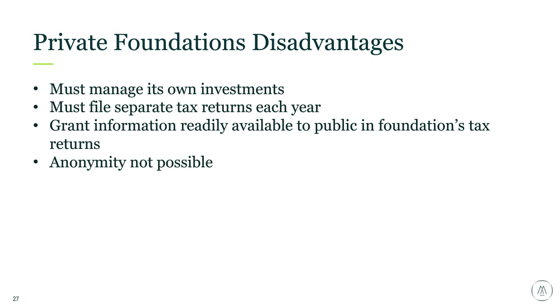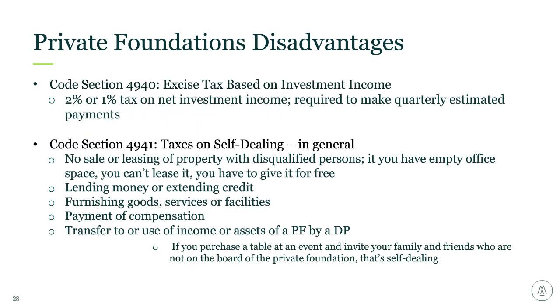Okay. Some other disadvantages are the excise taxes that a private foundation is subject to. So they are subject to an excise tax based on investment income. It is a 2% or 1% tax on the net investment income. And in order to not be subject to a tax penalty, you are required to make quarterly estimated payments.